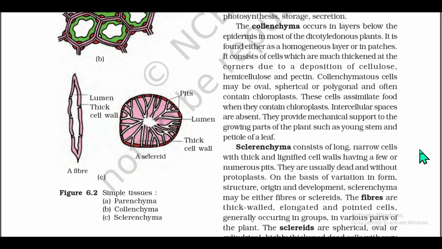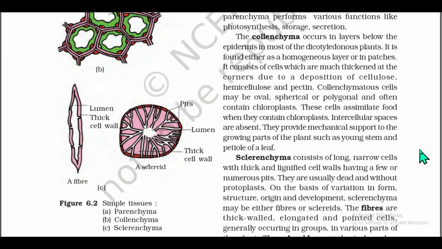The collenchyma occurs in layers below the epidermis in most of the dicotyledonous plants. It is found either as a homogeneous layer or in patches. It consists of cells which are much thickened at the corners due to the deposition of cellulose, hemicellulose and pectin.